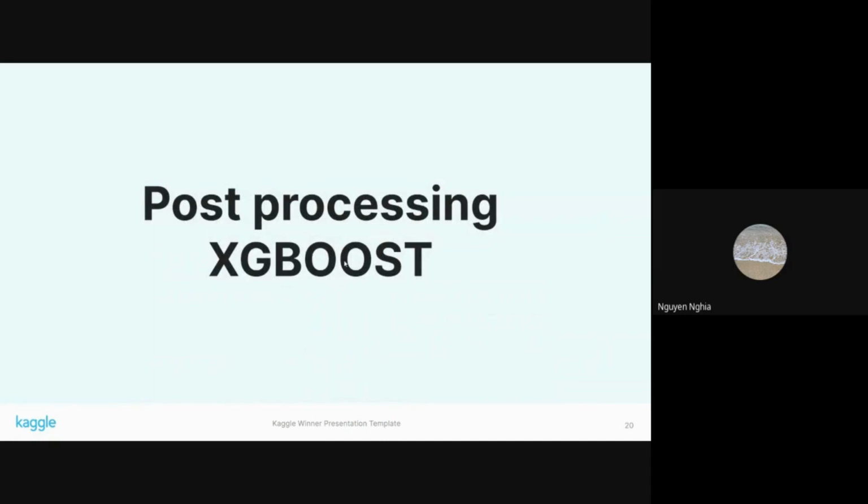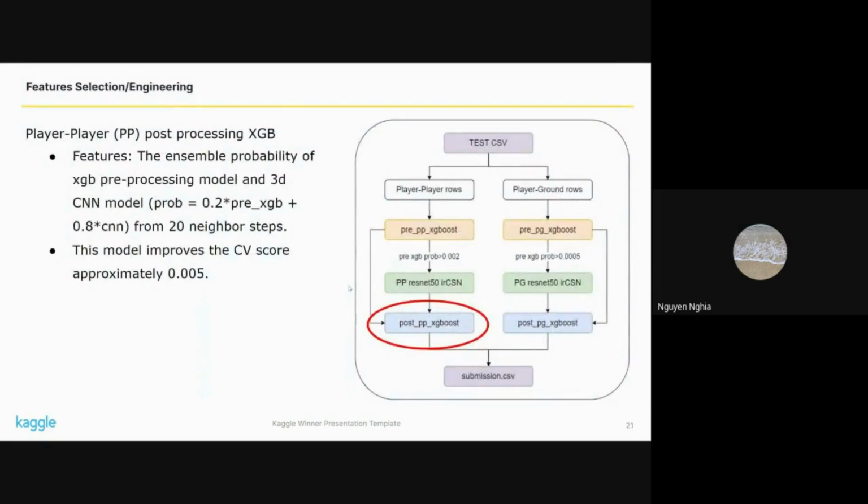The last part in my pipeline is the post-processing. For the post-processing, I apply the HGB model, and this is used to combine the predictions from the attributes pre-processing and the 3D CNN models.